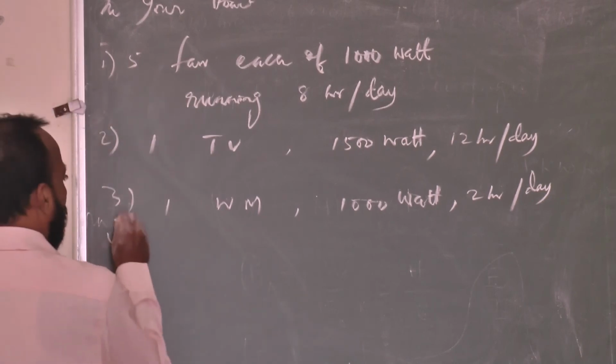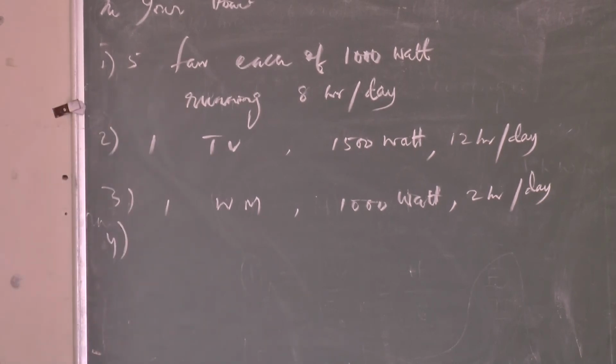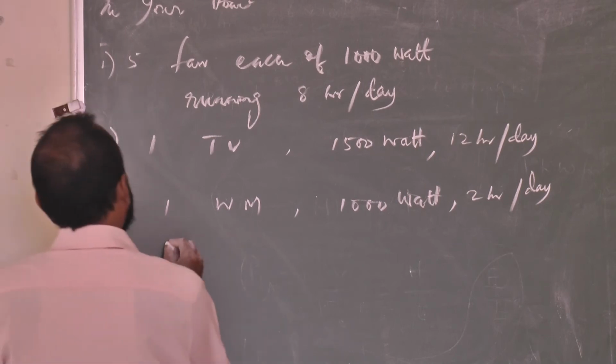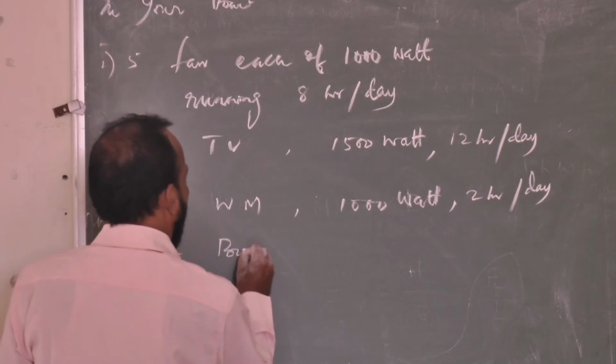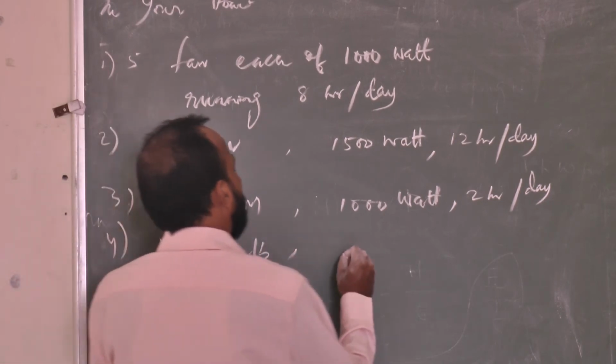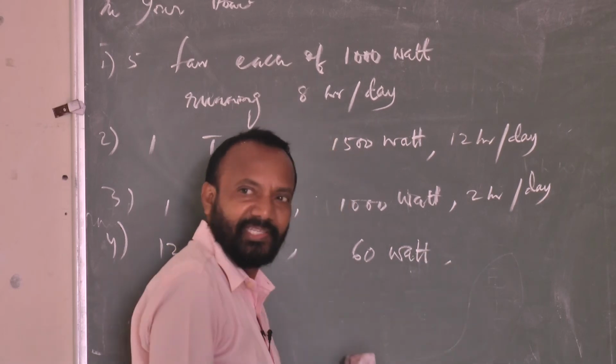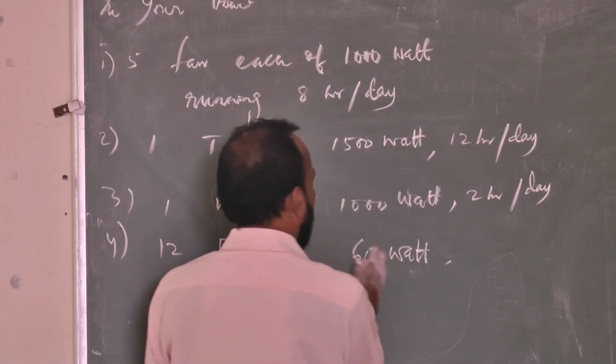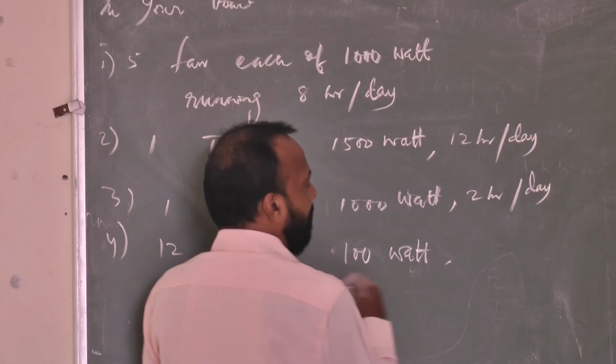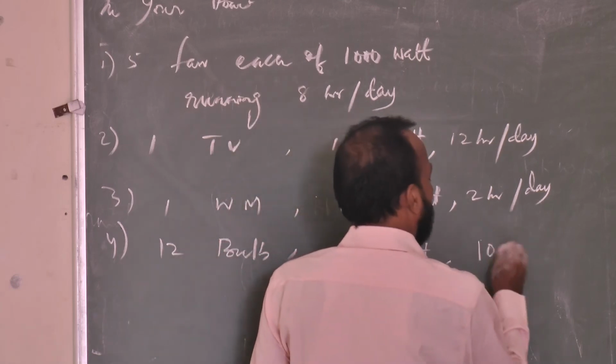And any more appliances? Electric bulbs, suppose 12 bulbs of 100 watt each, 10 hours per day.